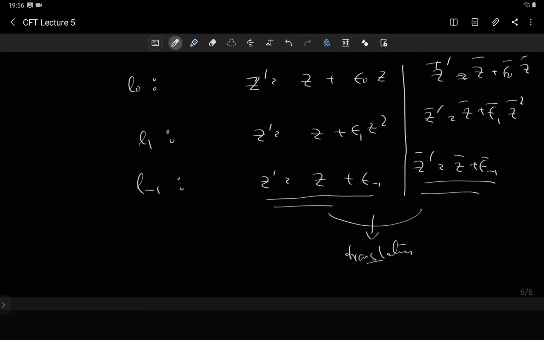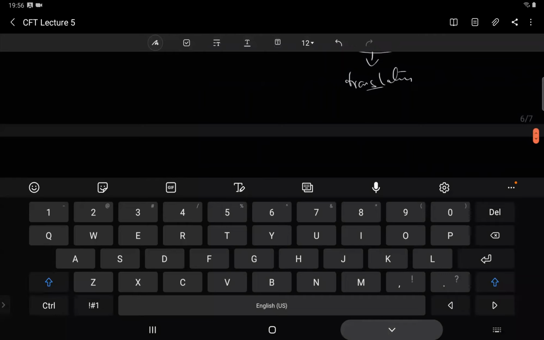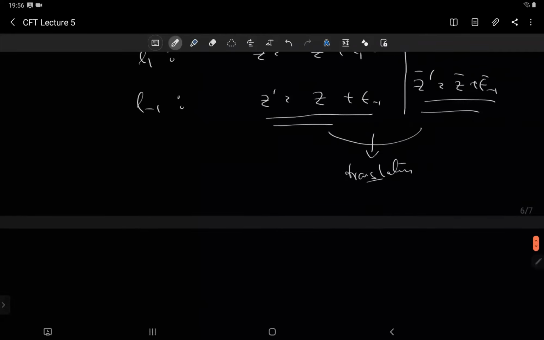So in terms of x and y, x prime is x plus epsilon minus 1 plus epsilon bar minus 1, divided by 2, I think.